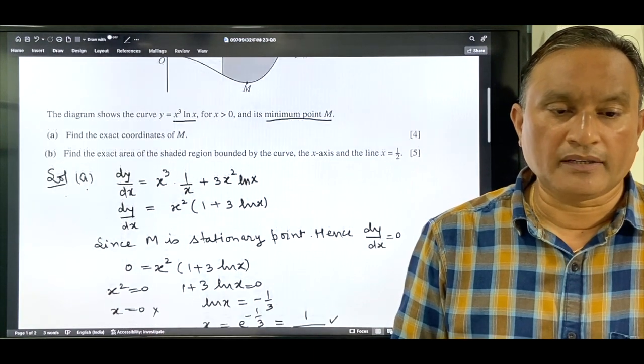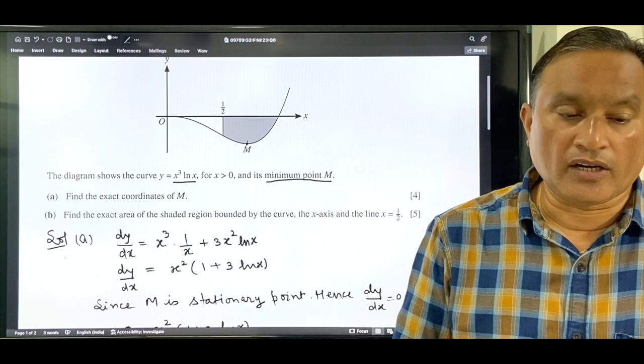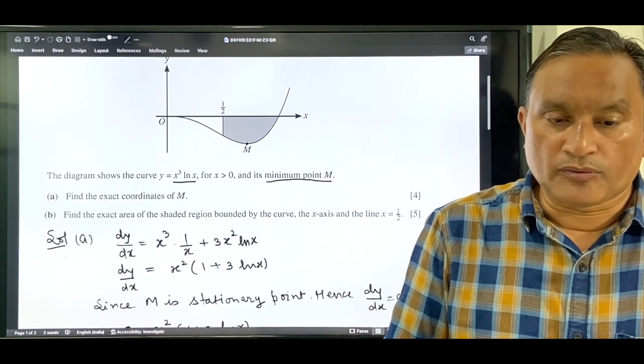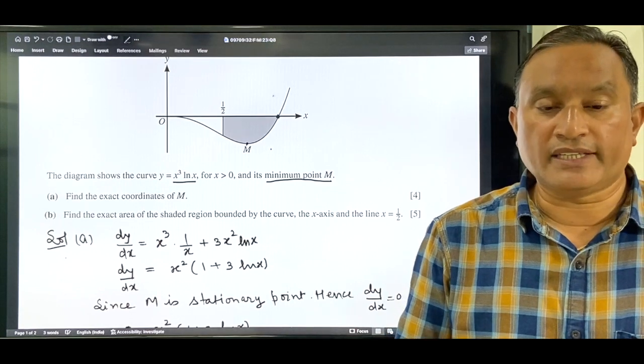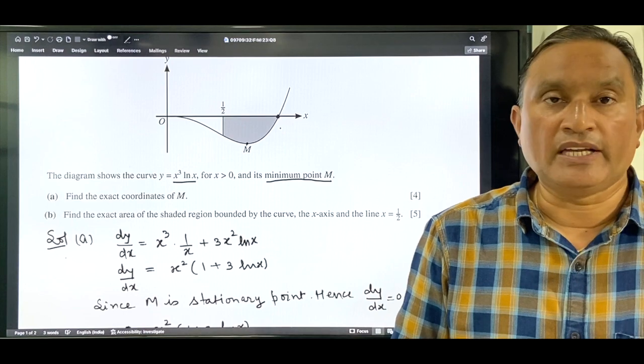In part B, we have to find the area of this shaded region. For that, first we have to find the coordinates of this point, the value of x.